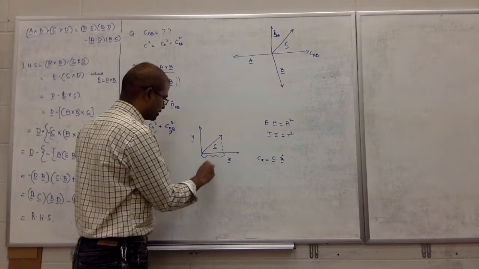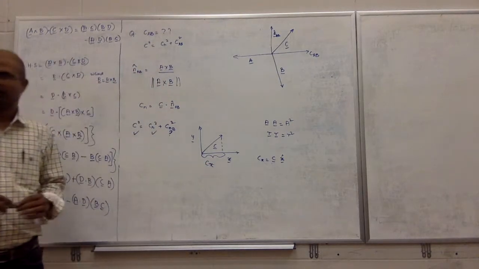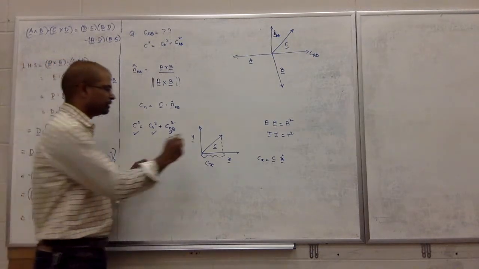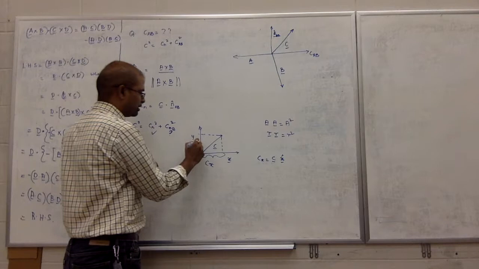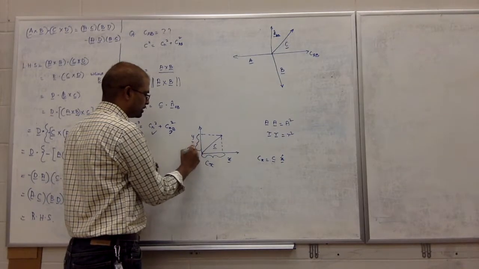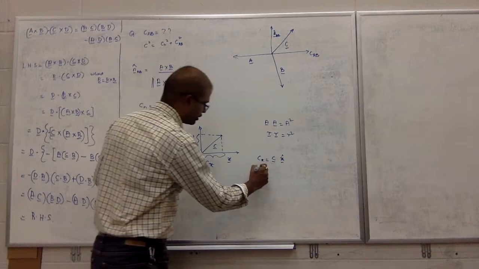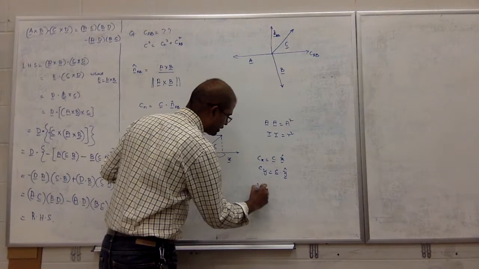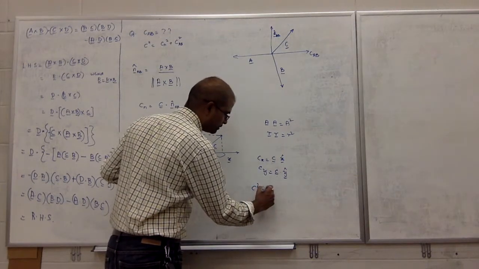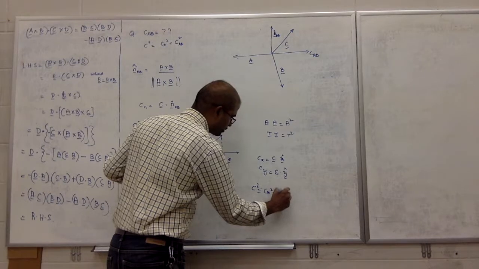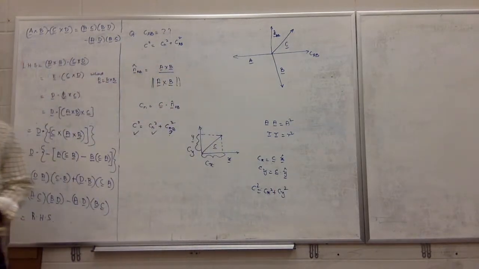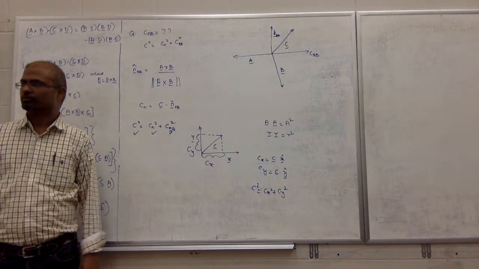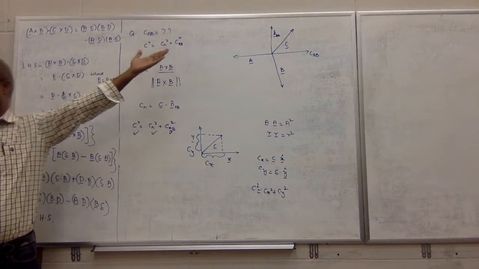This is C_x. The projection of C on Y is C_y, which is C dotted with Y. Now what is C squared? It is the Pythagoras theorem, what we are doing.